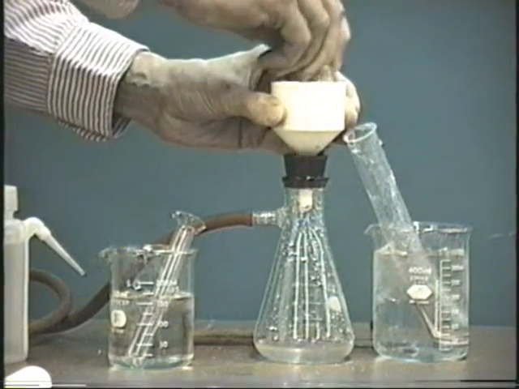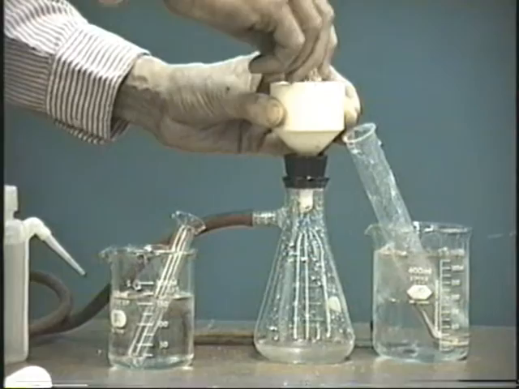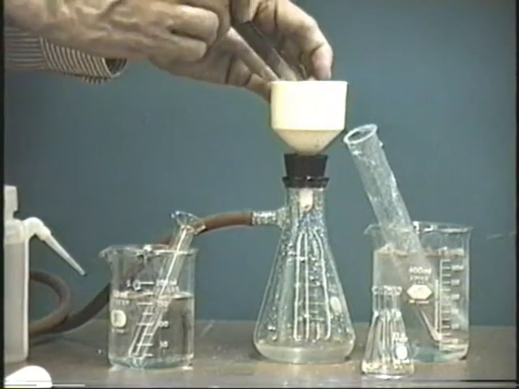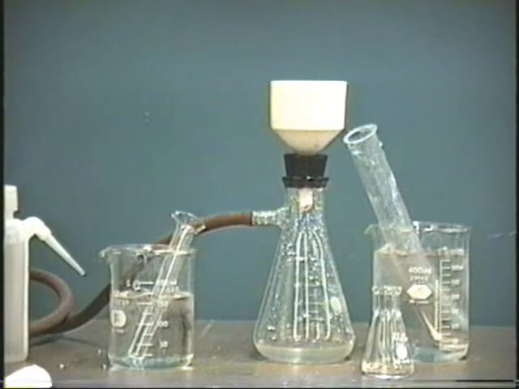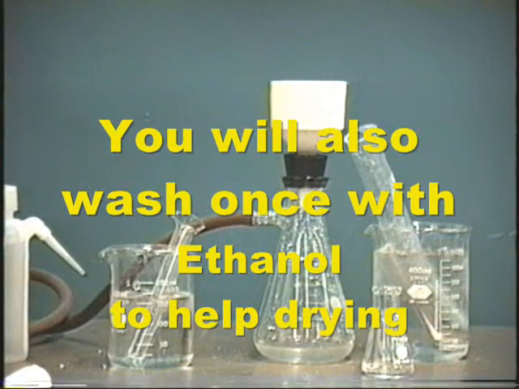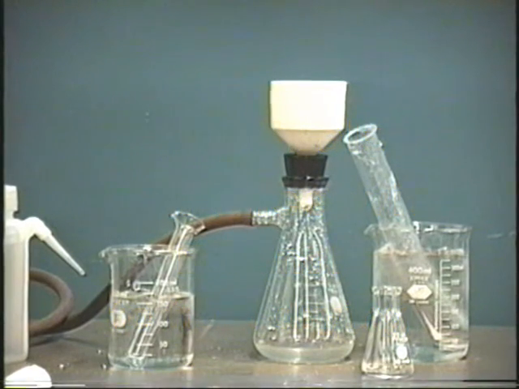Press it. Remove the paper. And now you will let it dry under vacuum for about 5 minutes. This should get most of the water out of it, and then you can let it sit till next time to dry completely.